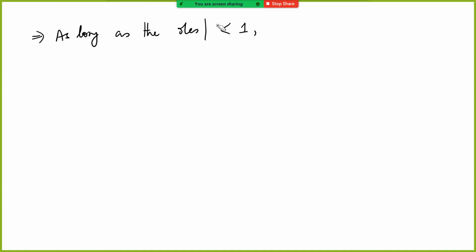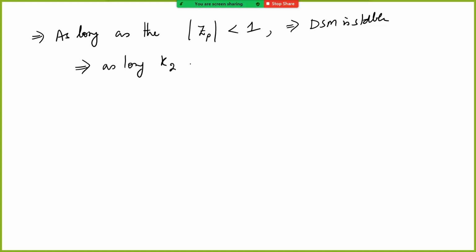In other words, let me just say, the magnitude of the pole is less than unity, right? The system DSM is stable, which implies that as long as K2 is greater than some constant, let's put some constant C, we can say that the DSM is stable, right?